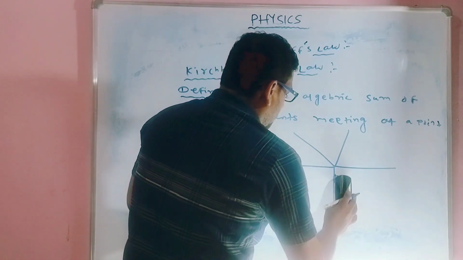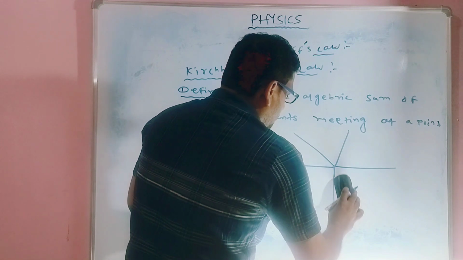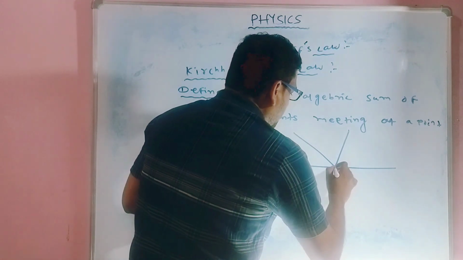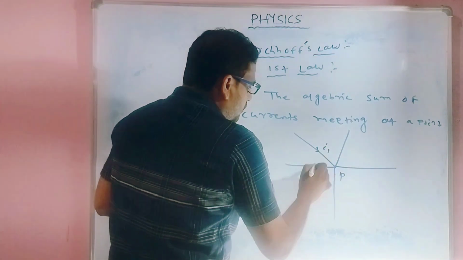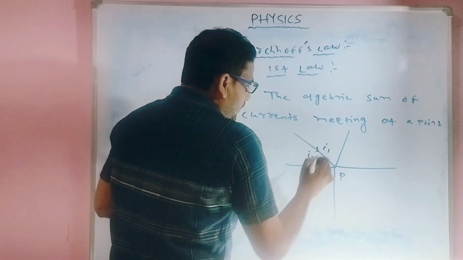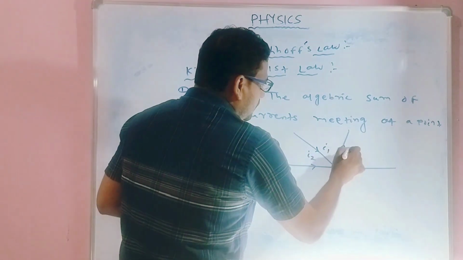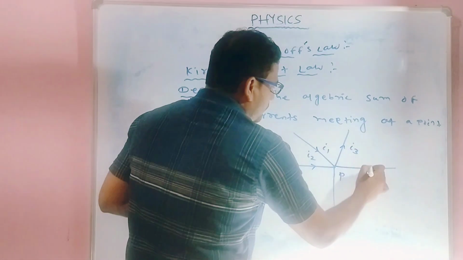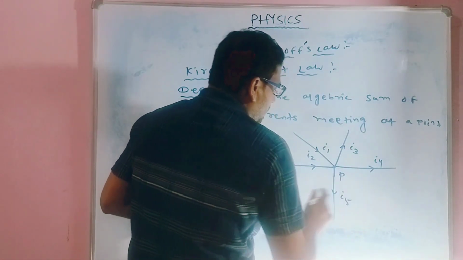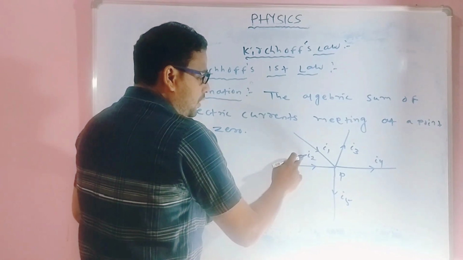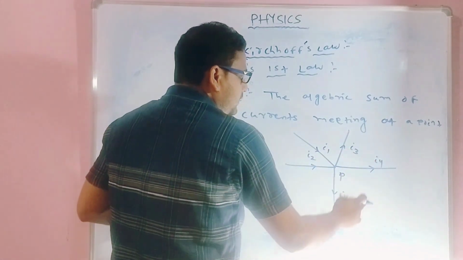This is point P. Suppose this is current I1, this is I2, this is I3, this is I4, and this is I5.